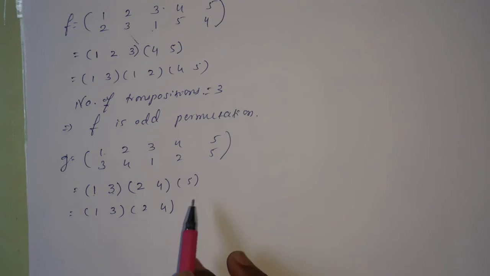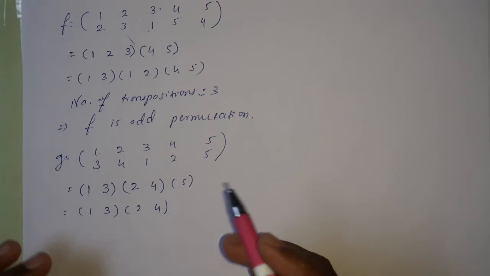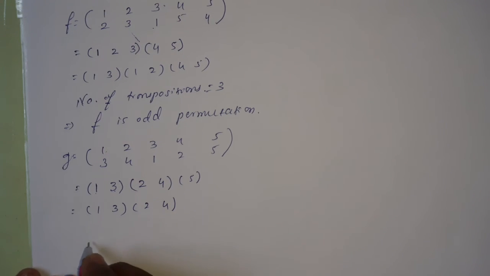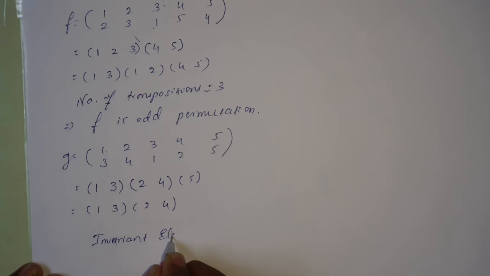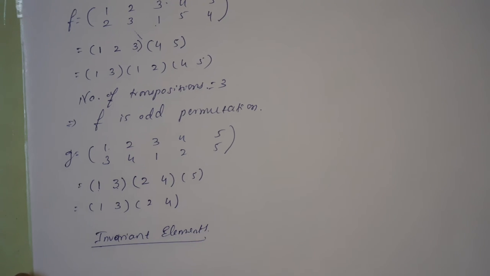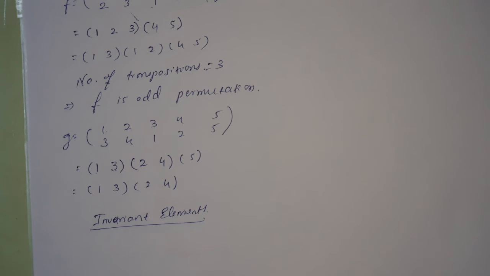But that 5 cannot be included in a cycle. Here 5 is the invariant element. Invariant elements are the elements which are mapped onto themselves.